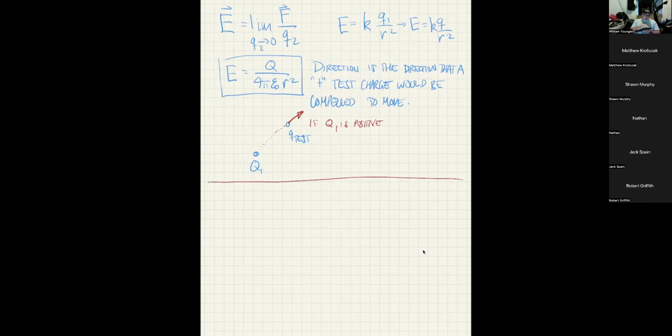I'm going to take my blue marker and imagine a three-dimensional coordinate system that looks like that. And I'm going to imagine a little chunk of charge.